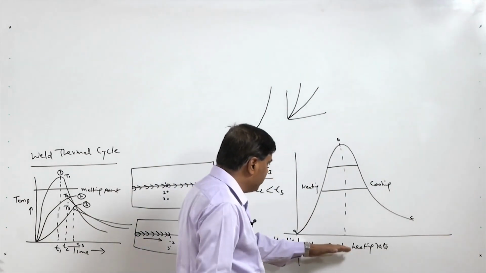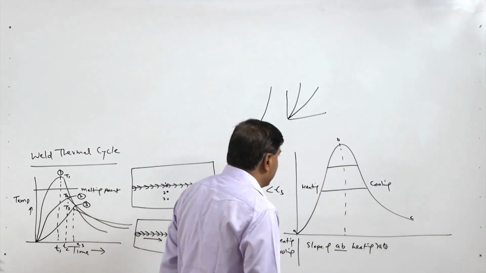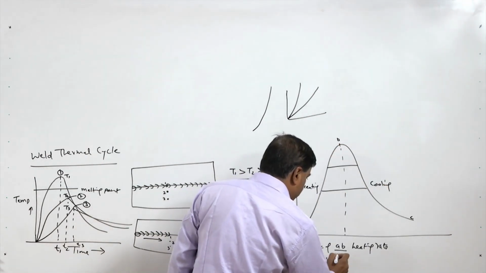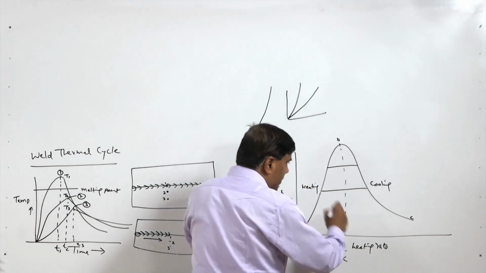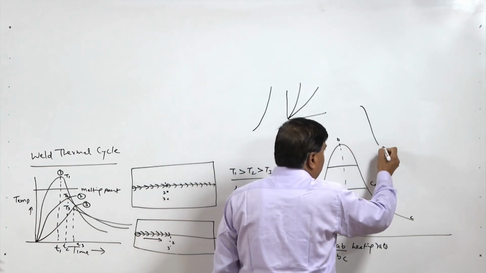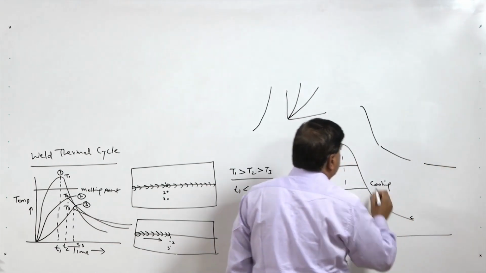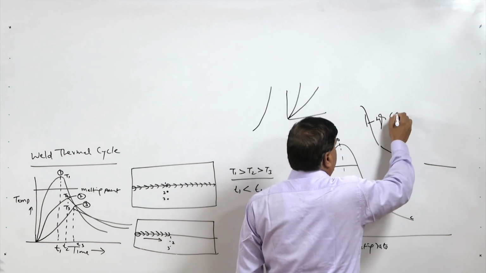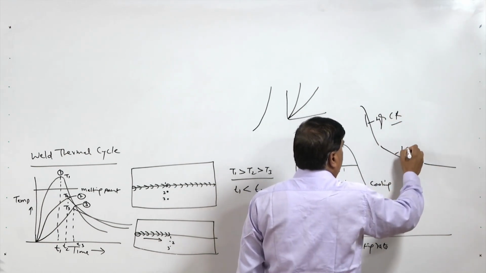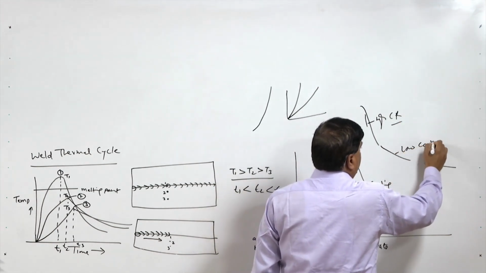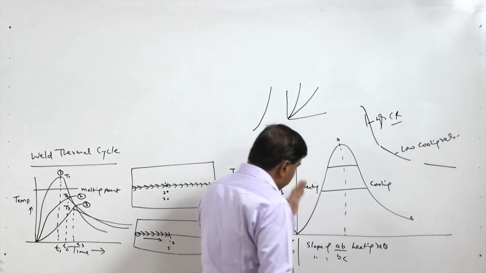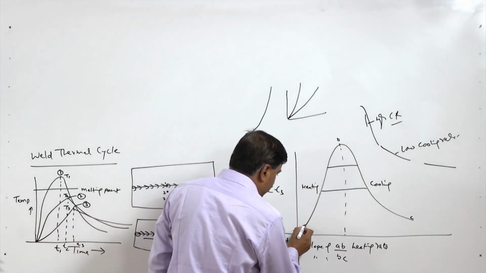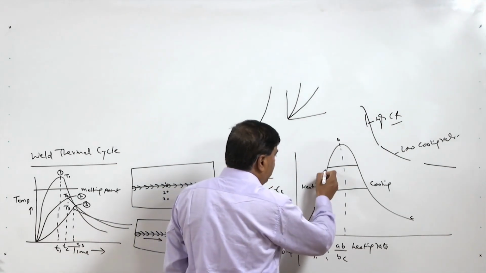While the slope of B to C, which is also changing, is very high at first and then keeps on changing. So a high slope indicates a high cooling rate, and a lower slope a somewhat low cooling rate. The slope basically indicates the rate of heating in a particular segment, like this segment or this segment or this segment.